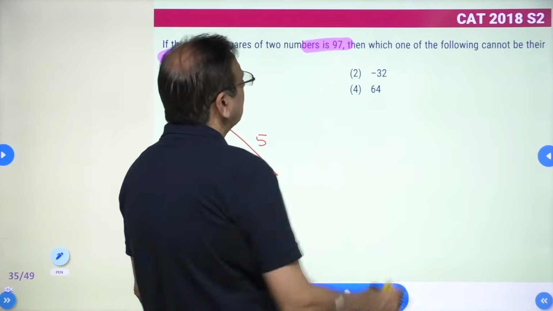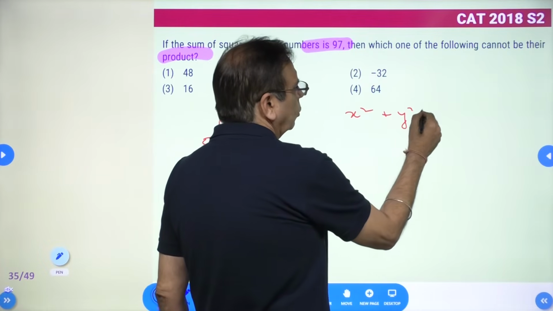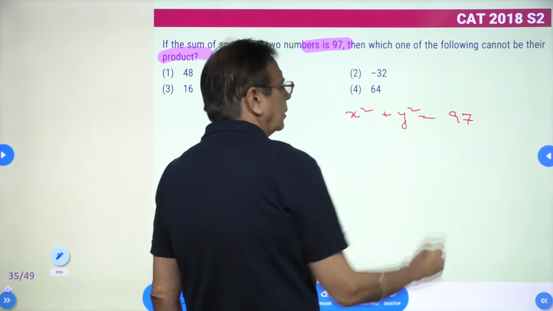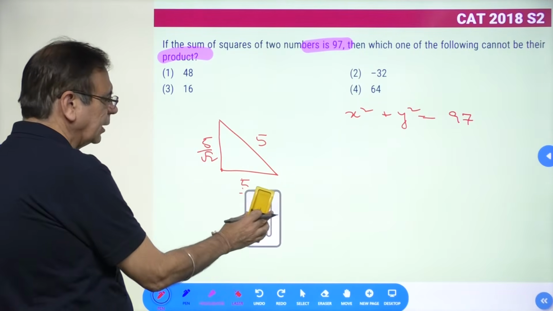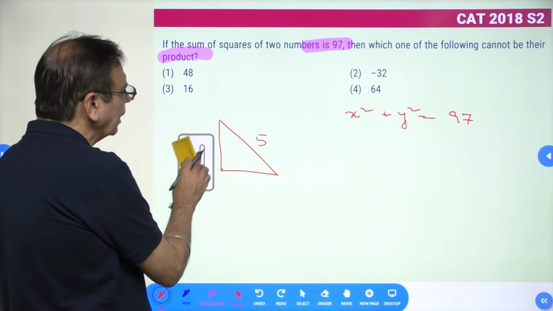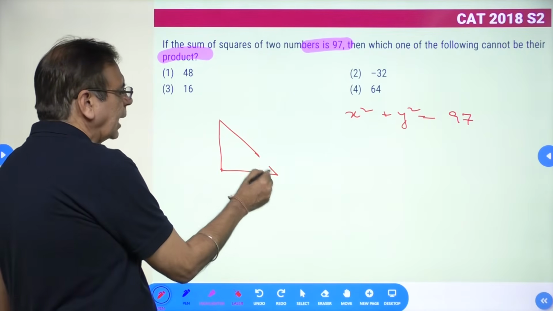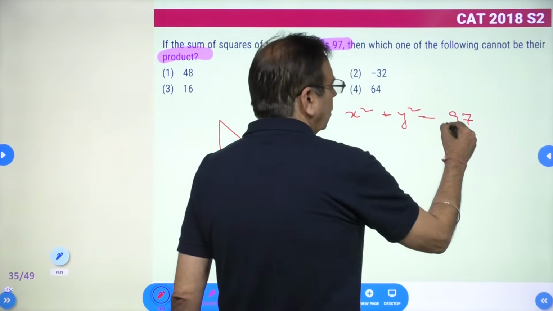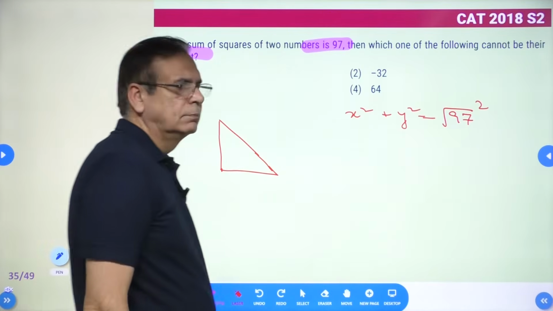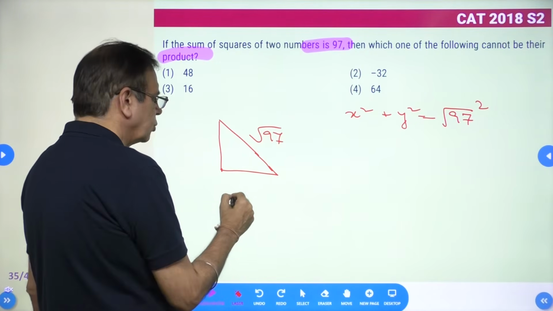Now look at this particular question. We are given that x square plus y square equal to 97. Okay. Can I not treat it like this? That means if it is a right angle triangle, because after all it is a square plus b square equal to c square, right angle theorem की बात कर रहा है. Okay. So can I not say this is equal to, what does that mean, this is under root 97. What should these be?